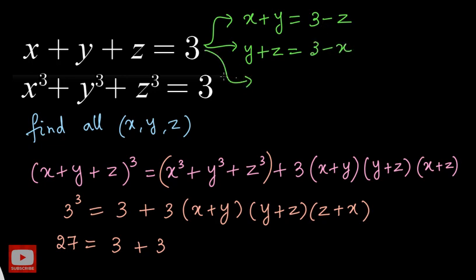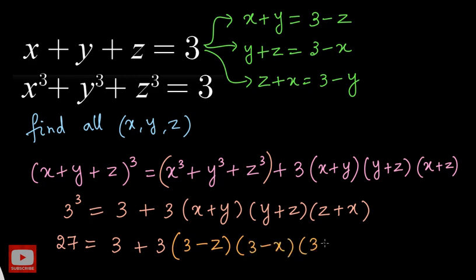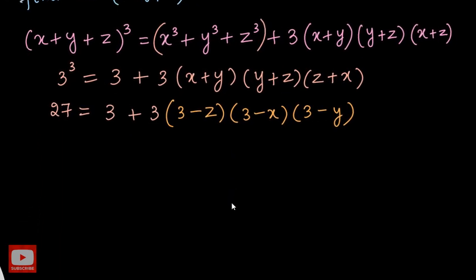And z plus x will be nothing but 3 minus y. We will substitute these values in place of x plus y, y plus z and z plus x. So x plus y is 3 minus z, y plus z is 3 minus x, and this one is 3 minus y. Why did I do this? You will understand later on.